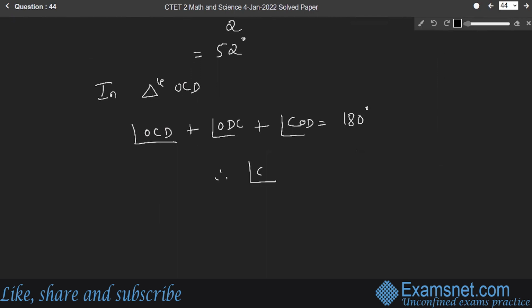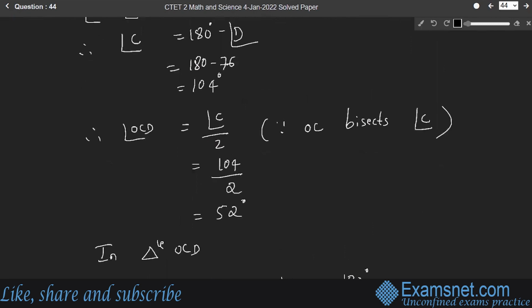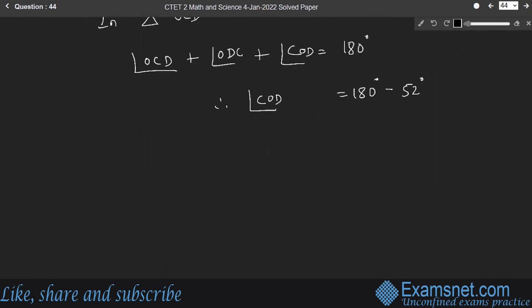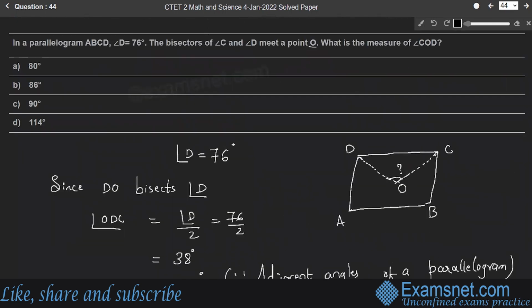Therefore, angle COD is equal to 180 degrees minus OCD, 52 degrees, minus angle ODC, 38 degrees. So 180 minus 90, which is 90 degrees. Therefore, option C is the right answer.